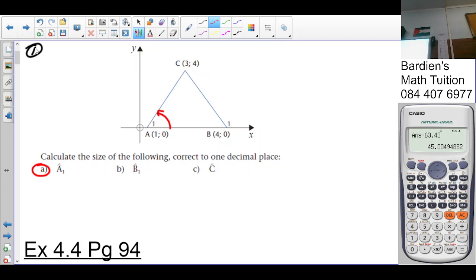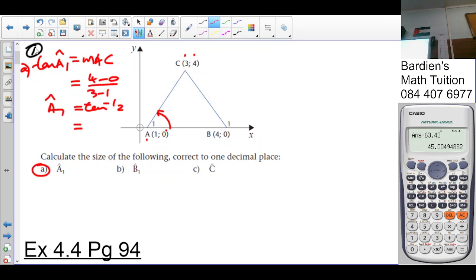I need the gradient of AC. So tan of angle A1 is equal to the gradient of AC. How do you calculate gradient? (y2 - y1) over (x2 - x1). That gives me a gradient of 2. So arctan of 2 gives us an angle of 63.4 degrees. You all agree with that?